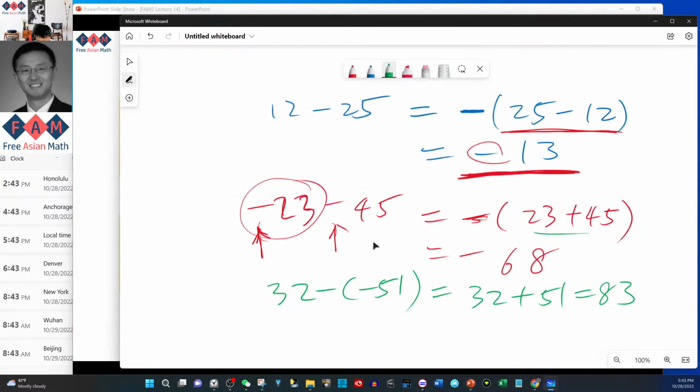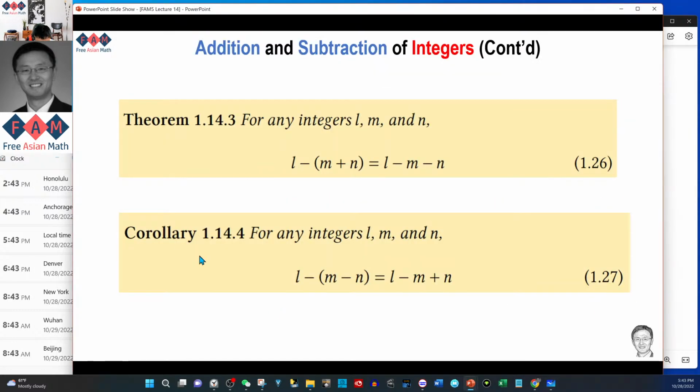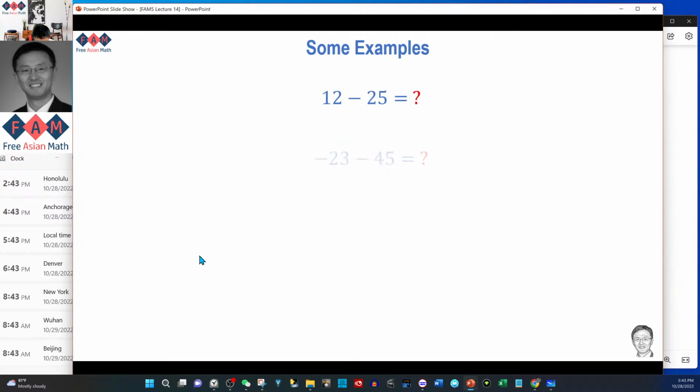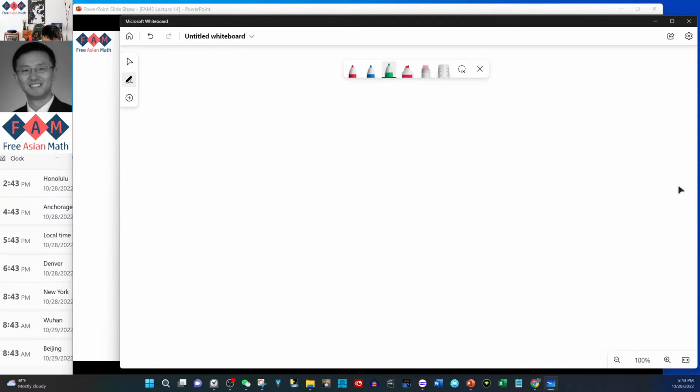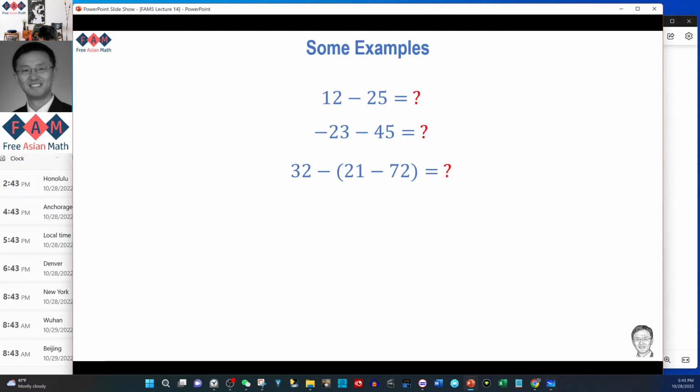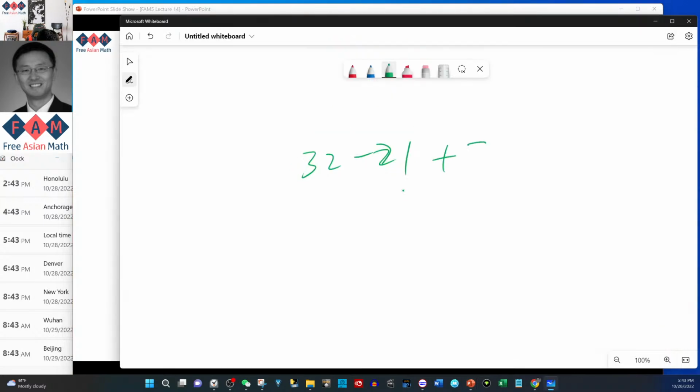So if that's the case, 1.27 tells us that we can do 32 subtracting 21 first, then add this 72. That makes this a little bit easier because now we are in familiar territory. 32 minus 21, we know that is 11, plus 72, that's 83.